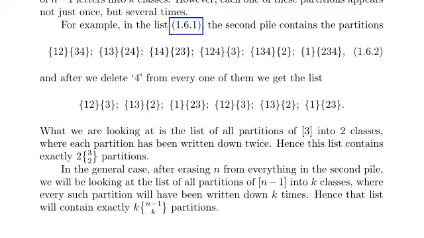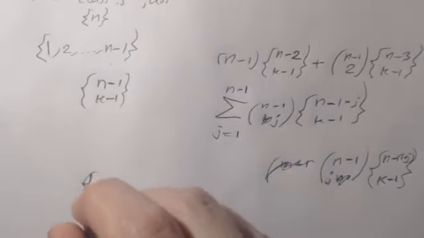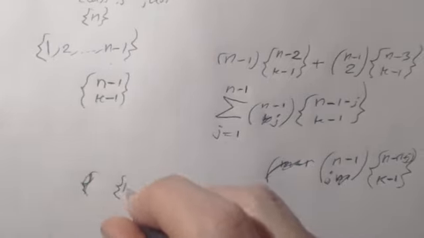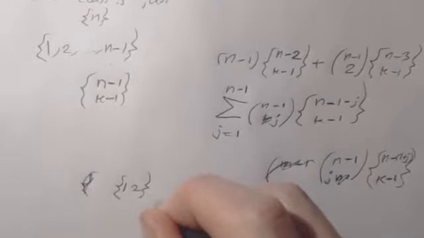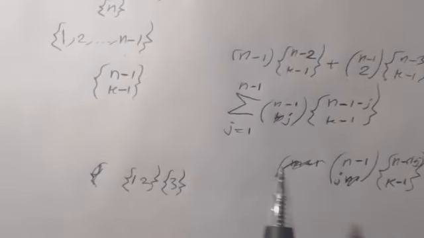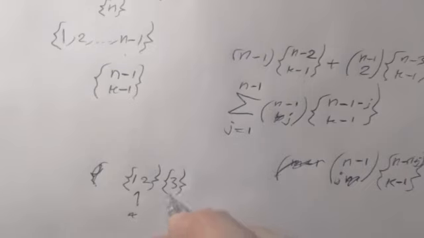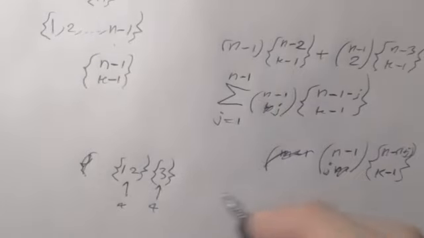So for every partition of 3, so for example, every partition of 3 into 2, so for example 1, 2, 3, we have to add the 4. We can add the 4 into one of them, and we can either have a 4 in here or the 4 in there.